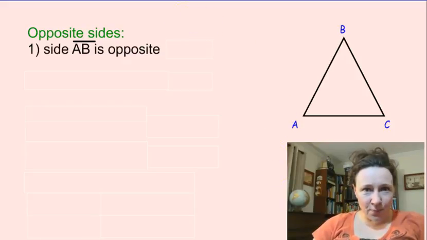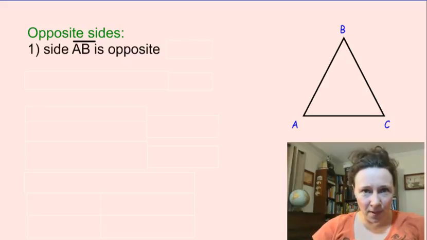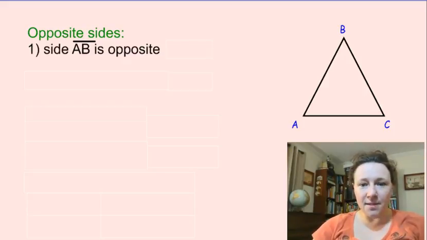I cannot see your responses, but I can guess that some of you might be surprised that your answer should not be a side. And this is why. Let's mark side AB.